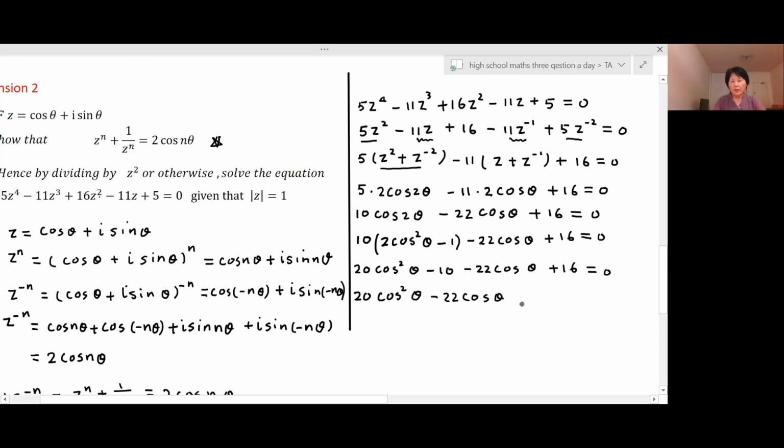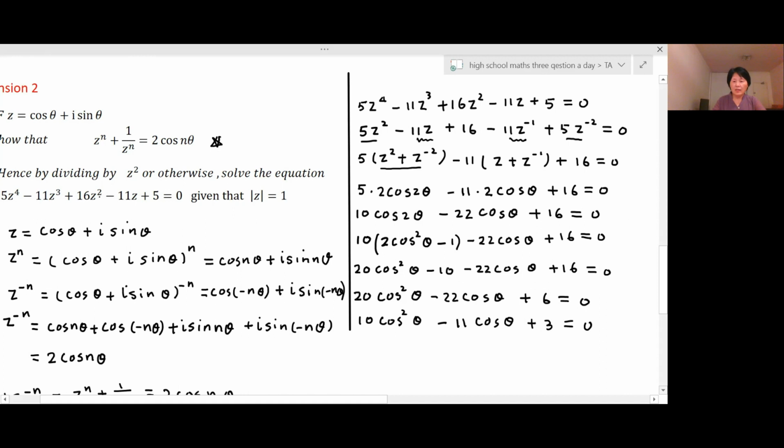Then minus 10 plus 16 will be plus 6. Then equal to 0. Okay, I just divide by 2. So it will be 10 cosine squared theta minus 11 cosine theta plus 3, then equal to 0.